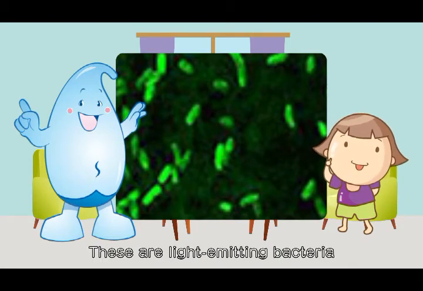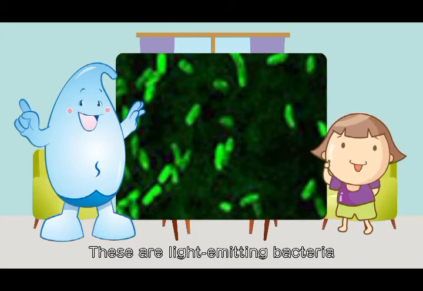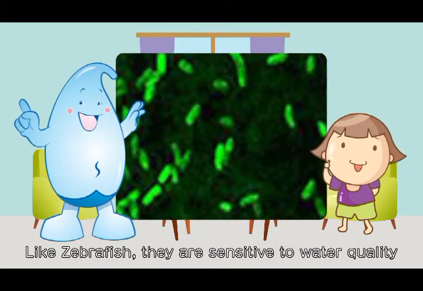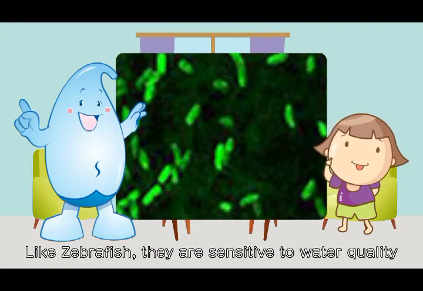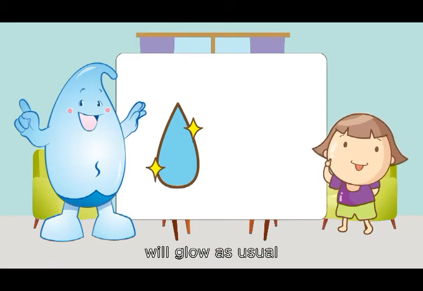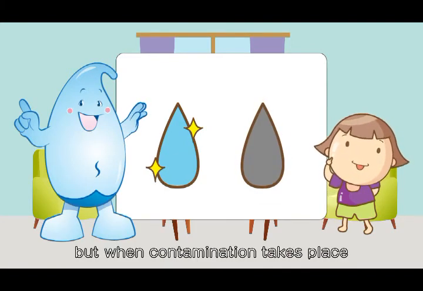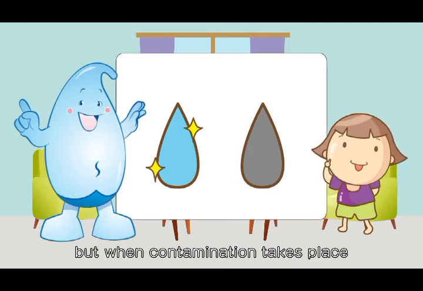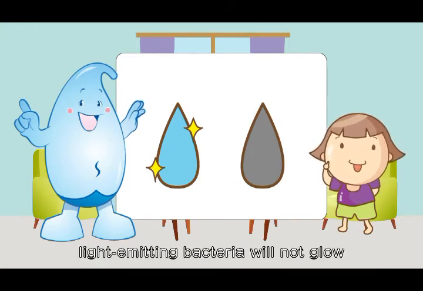These are light-emitting bacteria. Like zebrafish, they are sensitive to water quality. When it is normal, light-emitting bacteria will glow as usual. But when contamination takes place, light-emitting bacteria will not glow.